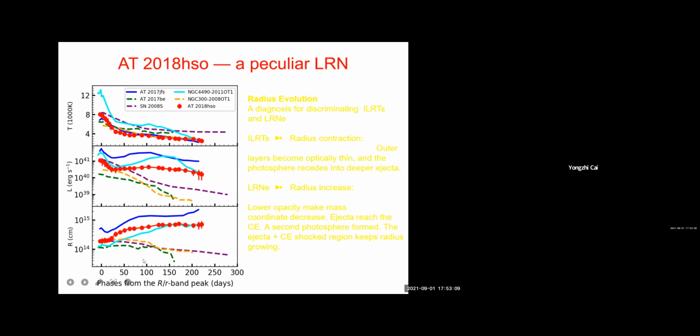The most interesting feature is the radius. We can see the luminous novae and the IRTs are significantly different. The luminous novae increase, but IRTs contracted with time. So the radius evolution can probably be a diagnostic tool for discriminating luminous novae and IRTs.